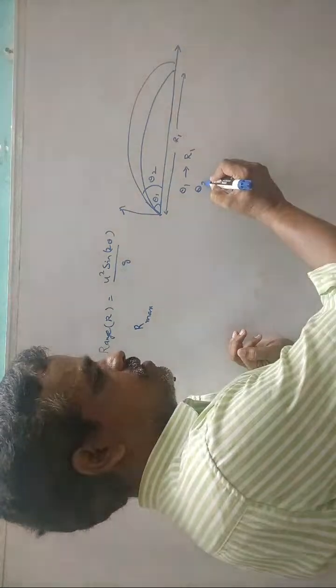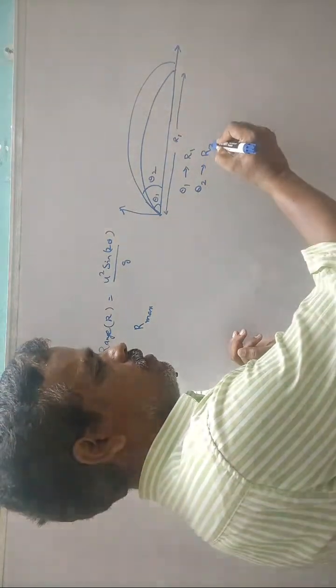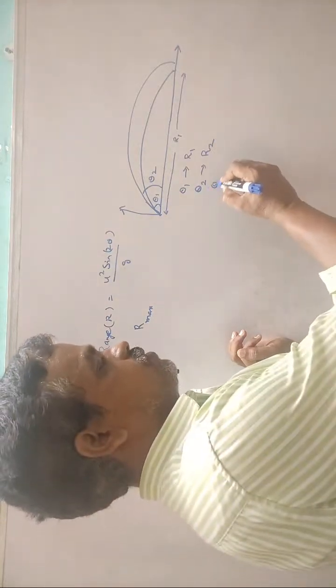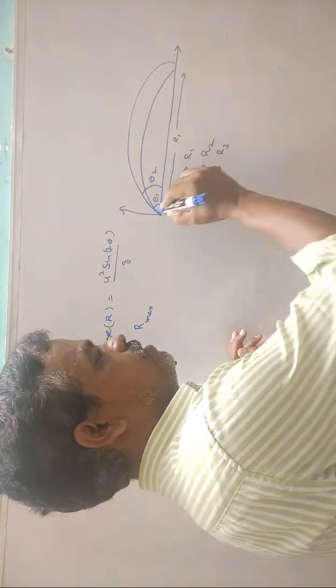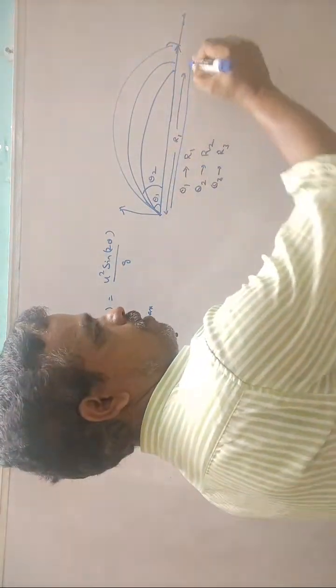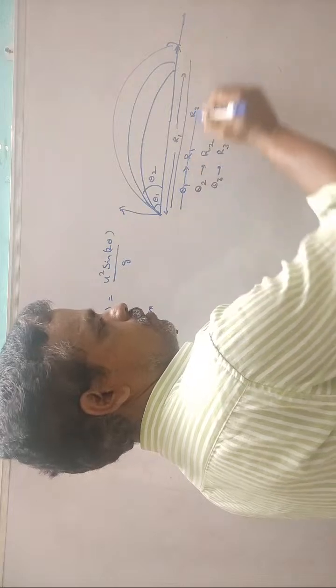If I project at theta 3, the body gets R3.